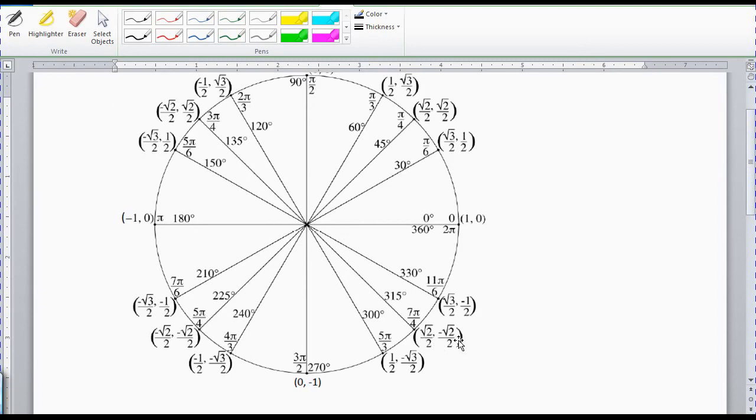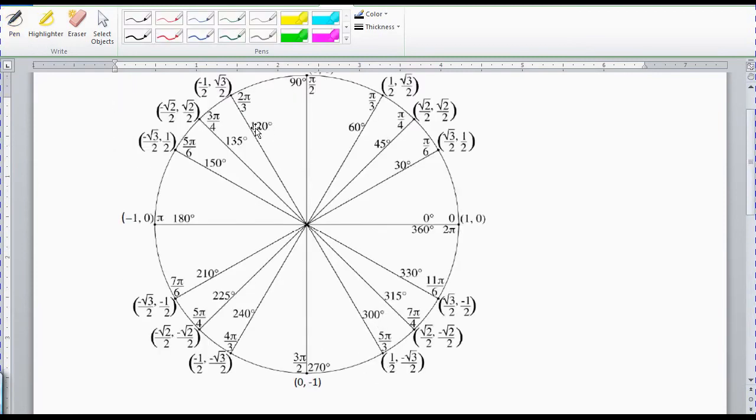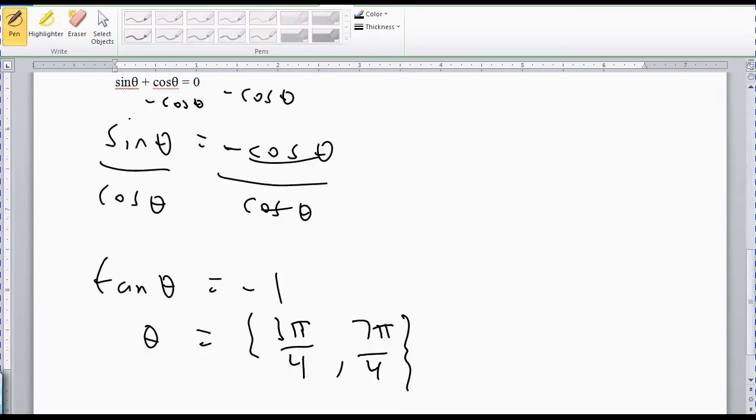We're looking for a negative 1, so that's going to put us in the second quadrant and in the fourth quadrant. So it's at 3 pi fourths and 7 pi fourths once again. Done.